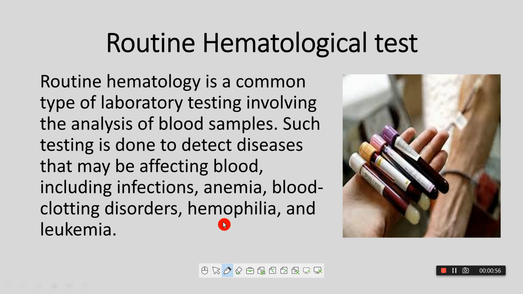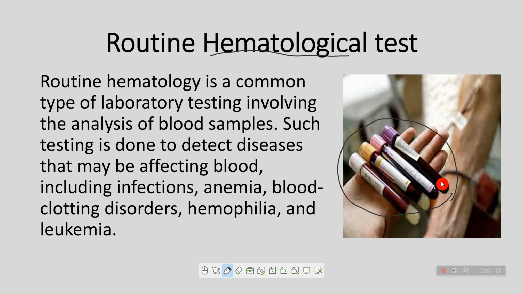As the name suggests, routine hematological tests are the tests which are performed in the hematology laboratory, and these tests are performed with the help of a blood sample. As you all are aware, hematology is the study of blood.